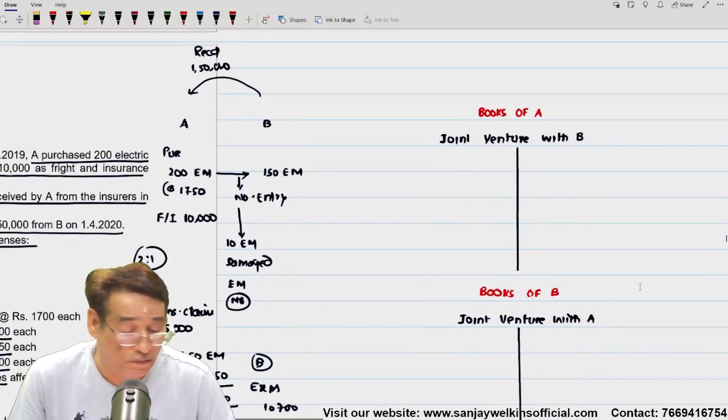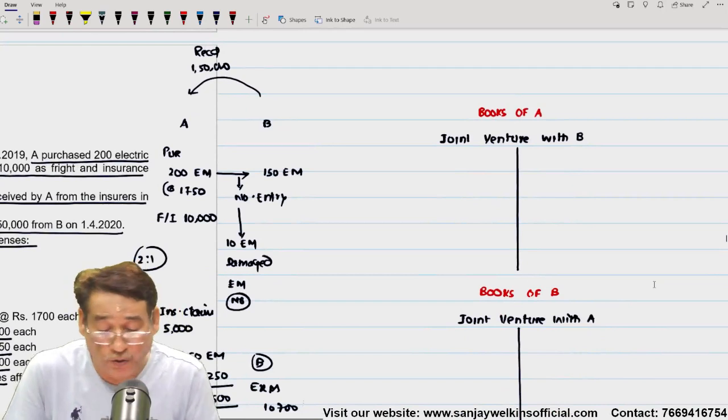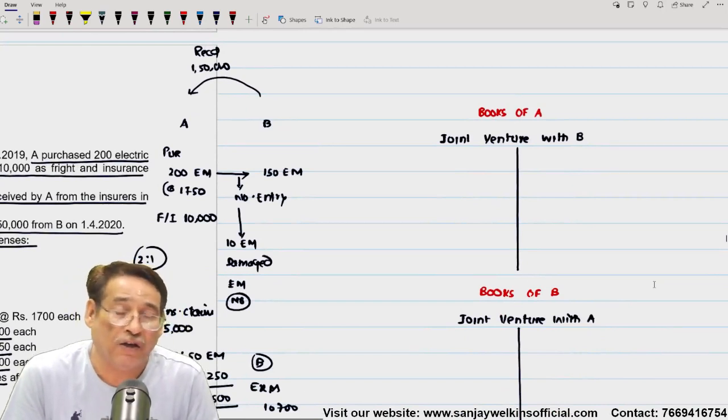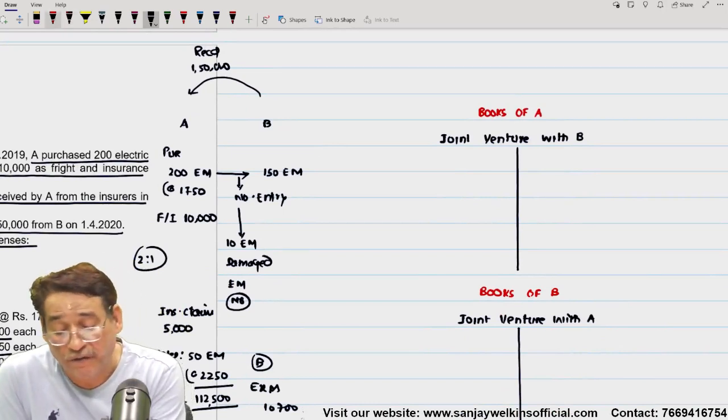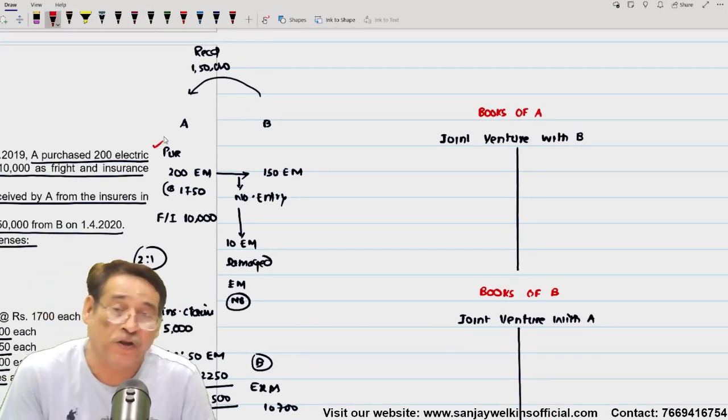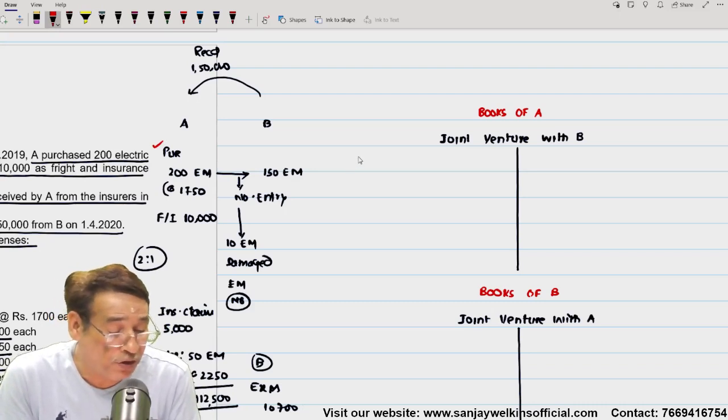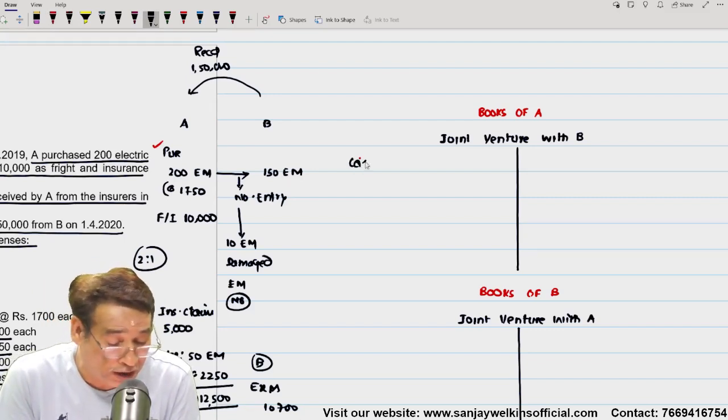See here. First of all, I will take into account the transactions of A. Correct? As far as transaction of A is concerned, the first transaction is that he has purchased some goods. So joint venture with B account, debit, to cash account he is going to write, or to bank account, whatever you may like to write, purchases.